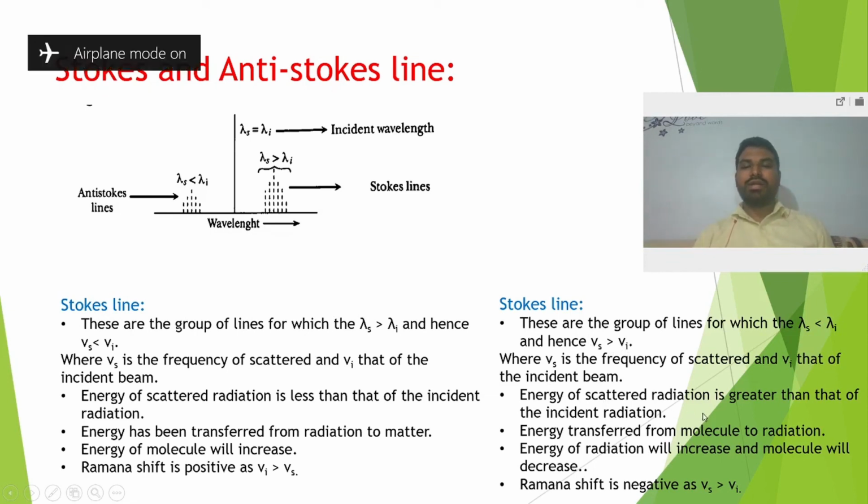Energy of scattered radiation is greater than that of the incidence radiation. Energy is transferred from molecule to radiation. Energy of radiation will increase and that of the molecule will decrease. The Raman shift is negative, as the frequency of the scattered light is greater than the frequency of the incidence beam.